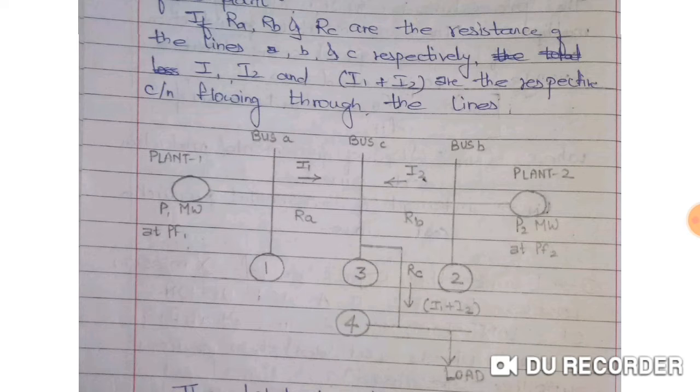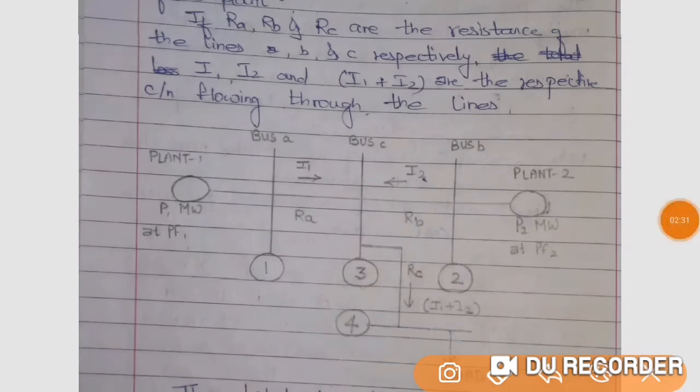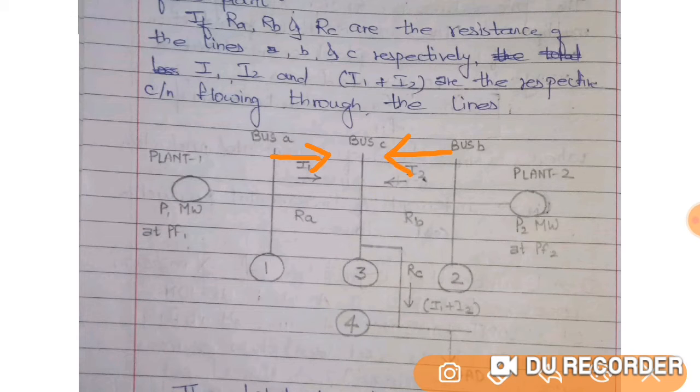According to this figure which you can see here, from bus A the current flowing is I1, from bus B the current flowing is I2, and here we have the bus C. At bus C, if we apply KCL, then the total current which is going to enter the load will be I1 plus I2.